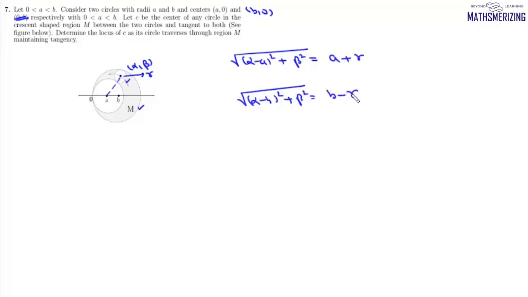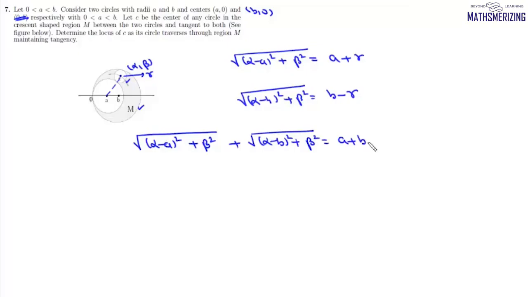Now we'll add them both. We'll get under root of (alpha minus a) square plus beta square, plus under root of (alpha minus b) square plus beta square, and it will be equal to a plus b. Now this distance is nothing but the distance between these two centers.